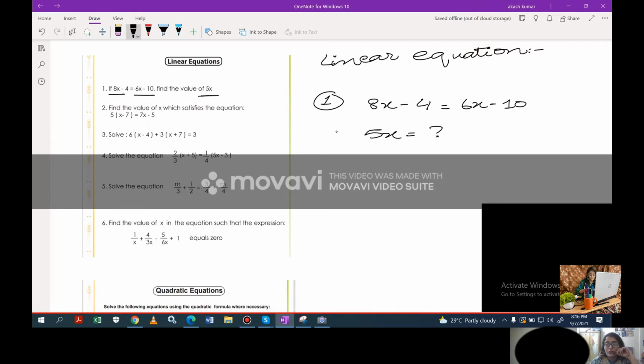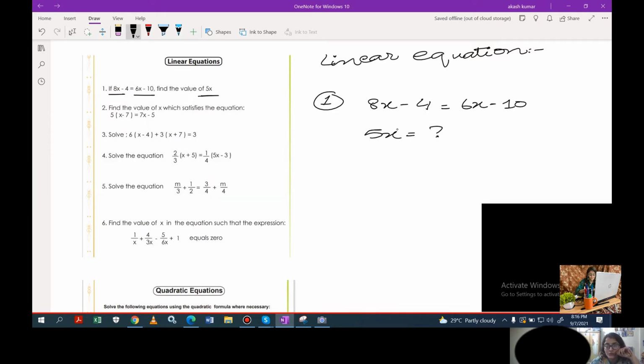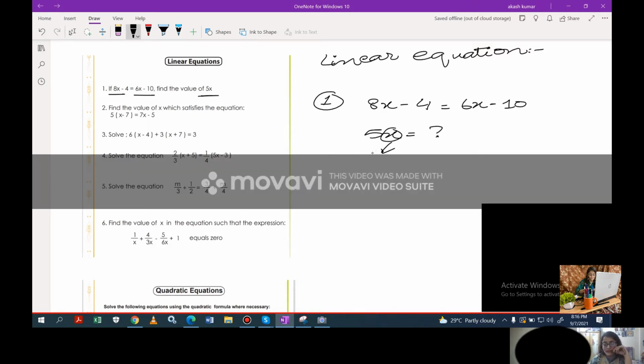For that we need to find the value of x, and then we multiply the value of x by 5 to get the value of 5x. Right? Yeah.